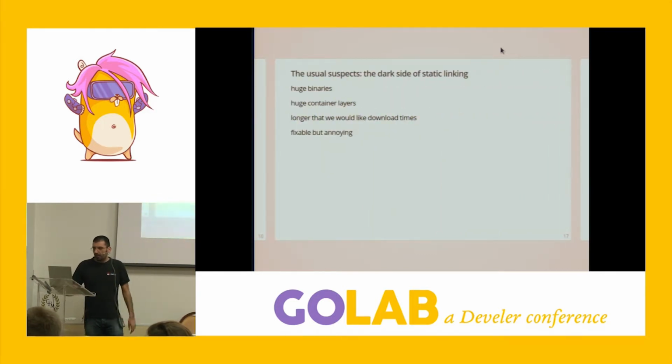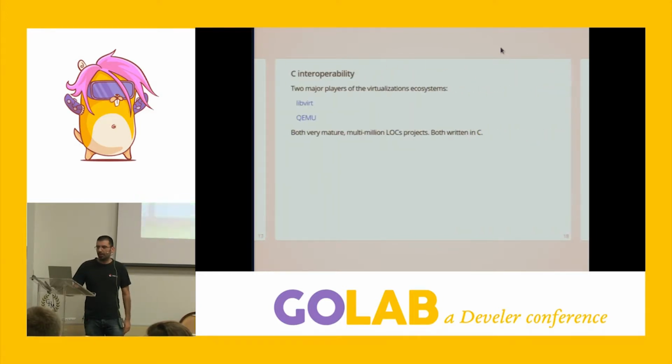So this is pretty much what I just said. And yes, another really nice feature of Go is the C interoperability. We have the CGO module, which is totally great because you can just consume C libraries.